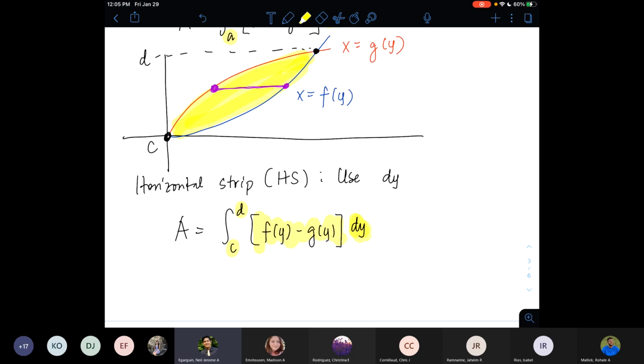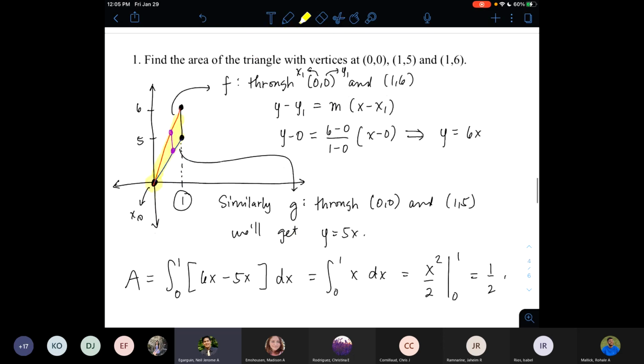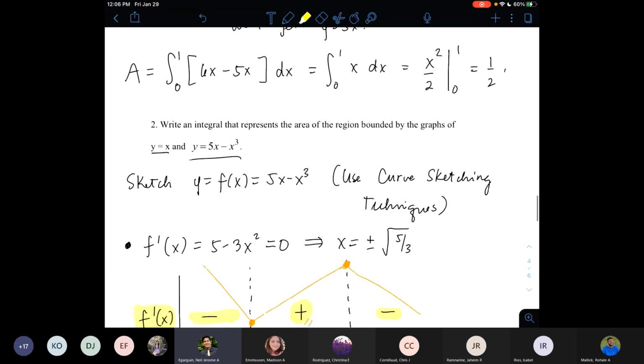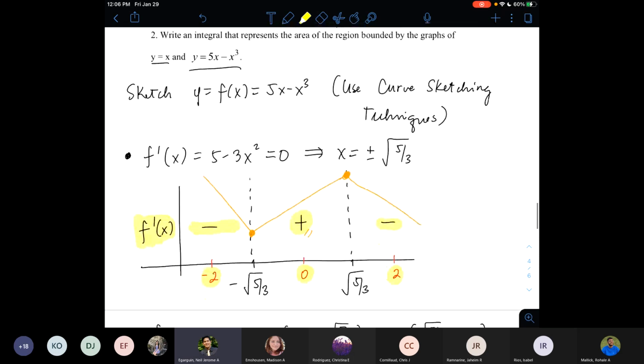Okay? And I guess we have done an example last time featuring this obscure looking triangle, and we found the area to be 1/2. And then I guess we started answering problem number 2. It's just that, at least for me, y equals 5x minus x cubed is not an easy cubic function.